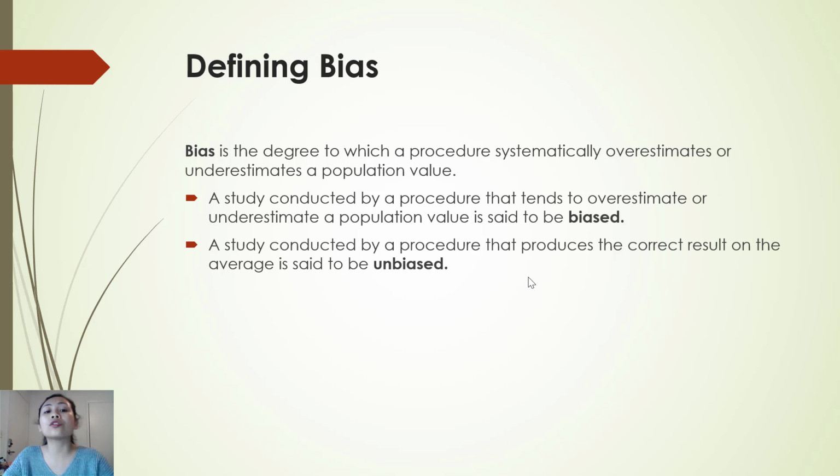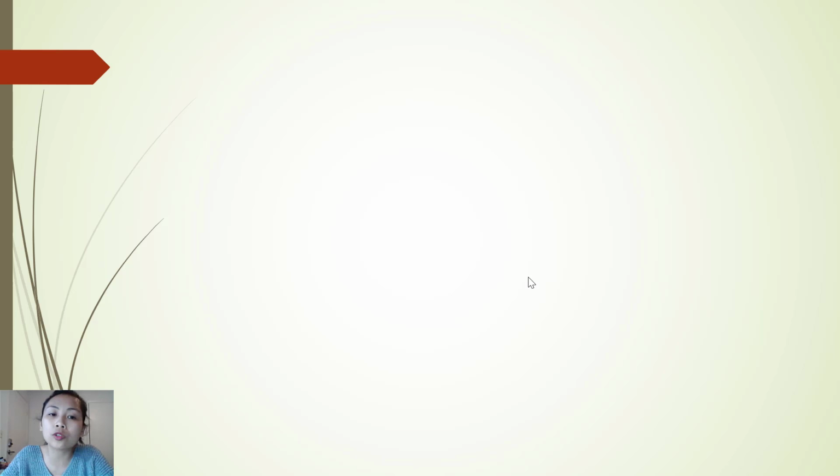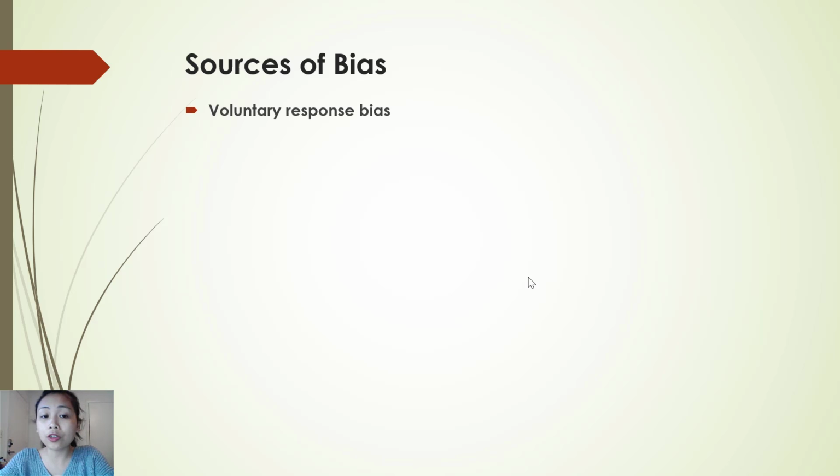Now we are going to define different sources of bias. Let's look at the first type, voluntary free response bias. Remember, in sampling methods we learned about one sampling method called voluntary free response. Voluntary response bias is the bias connected to voluntary free response samples.